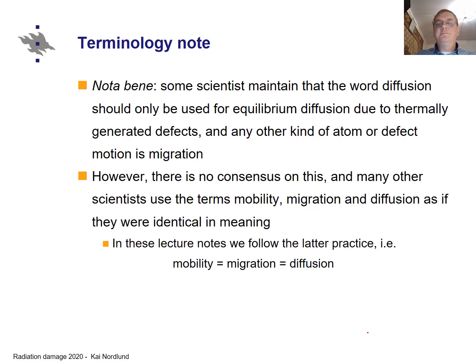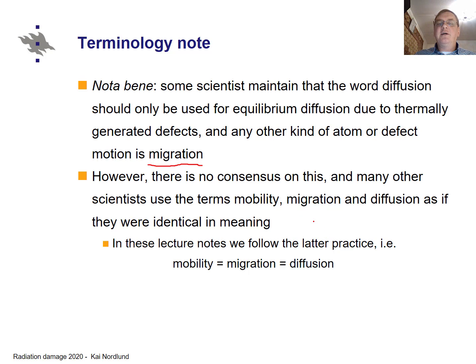Okay, and here I have to mention one thing, that some people are nitpicking on this terminology. Some people say that the word diffusion should be only used for equilibrium diffusion due to thermally generated defects, and any other kind of defect motion should be called migration.